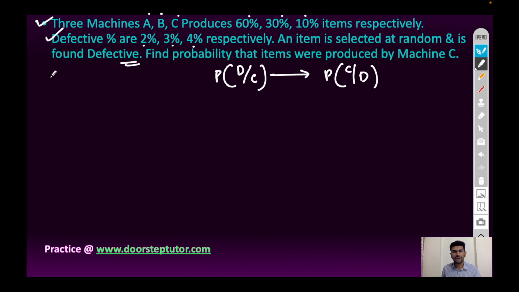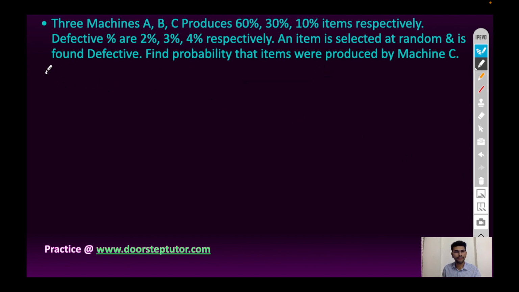So our first step will be the normal probability: probability of A, probability of B and probability of C. Probability of A is 60%. 60% means 60 divided by 100, which is 0.6.